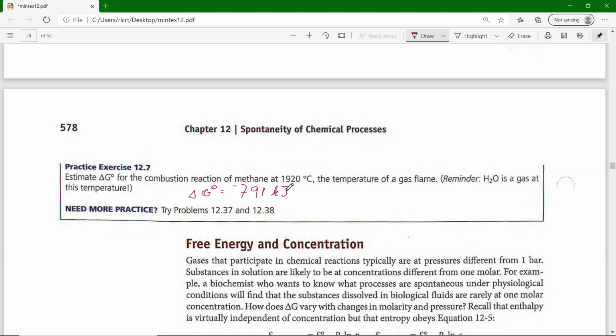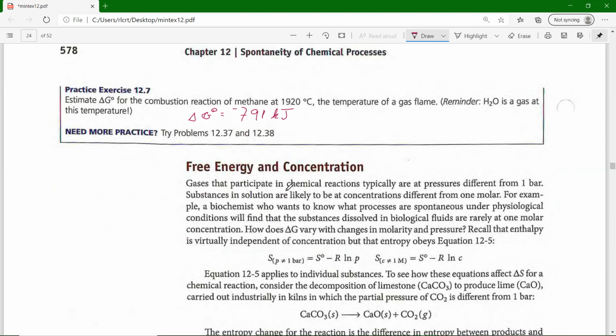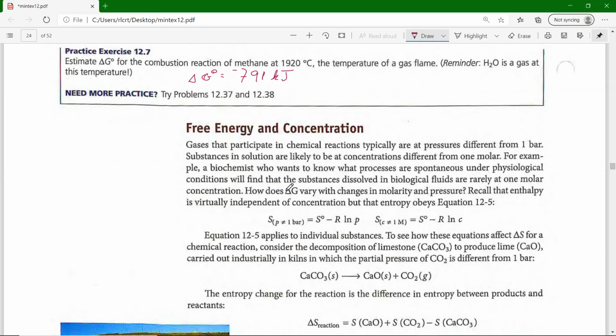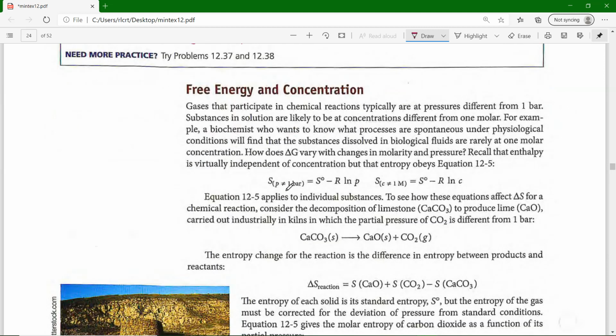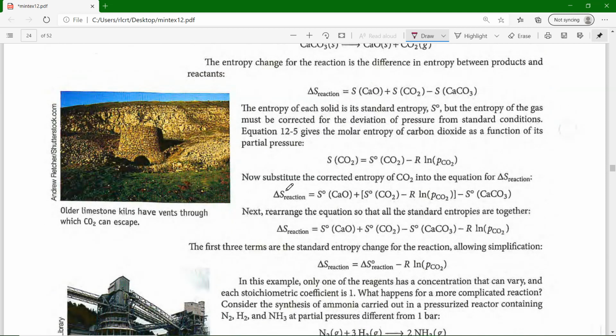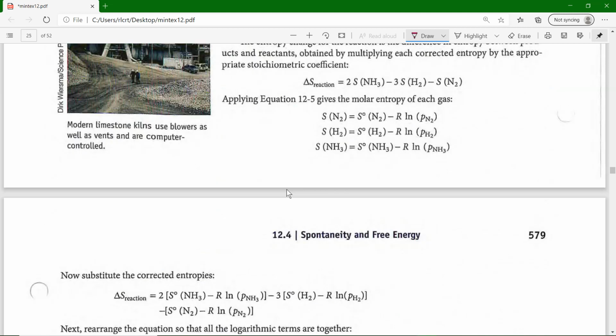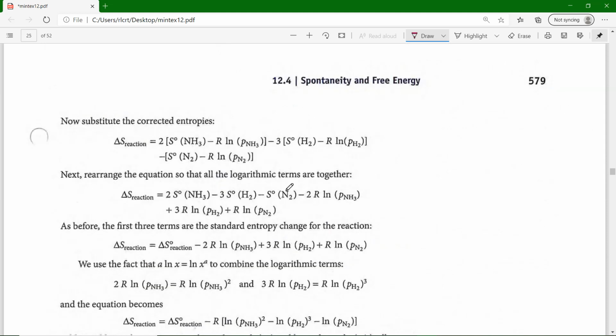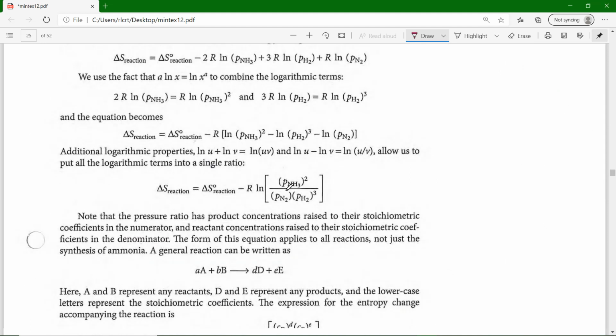Okay, so let's see a little bit more here. We talked about entropy and changes in concentration. Well, what about free energies and concentration? There's a big buildup here, really big.